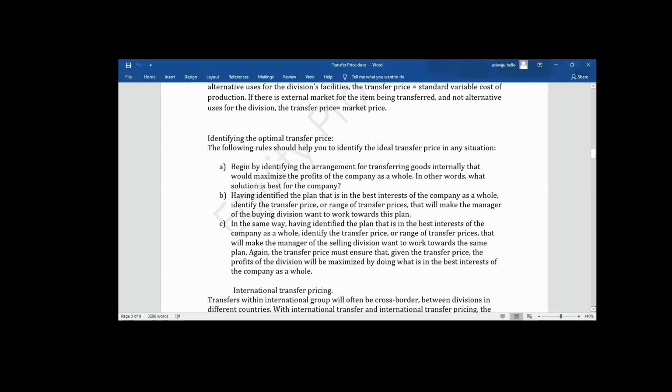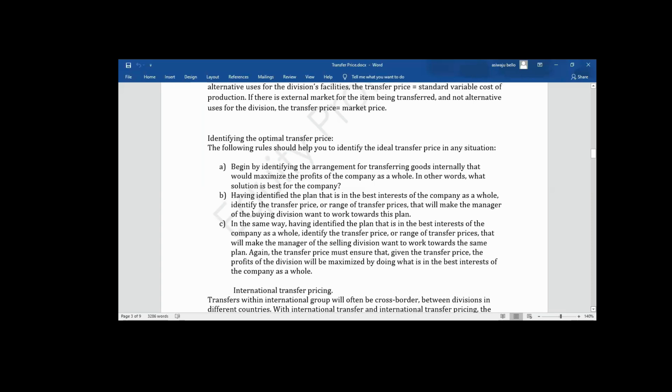You must be willing to identify a transfer price that will motivate the buying division to work towards the organizational plan. Then rule number 3.